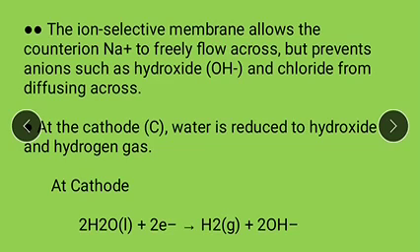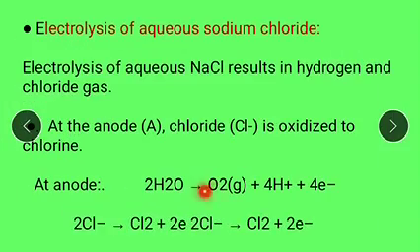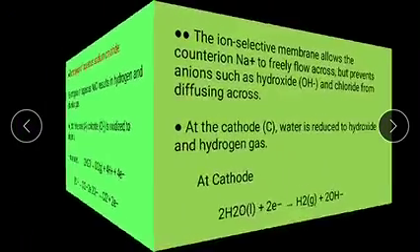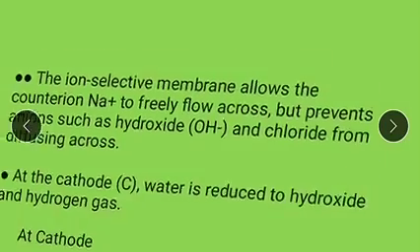At the cathode, the water is reduced to hydroxide and hydrogen gas. In the last equation, we observed the water molecule converts to oxygen and 4 moles of hydrogen ions. Here, the water also gains two electrons and releases hydrogen gas and hydroxyl ions.